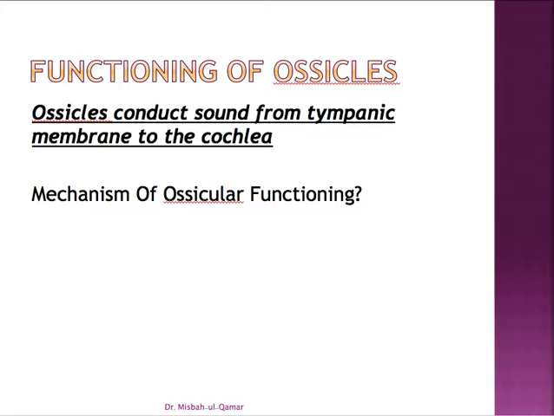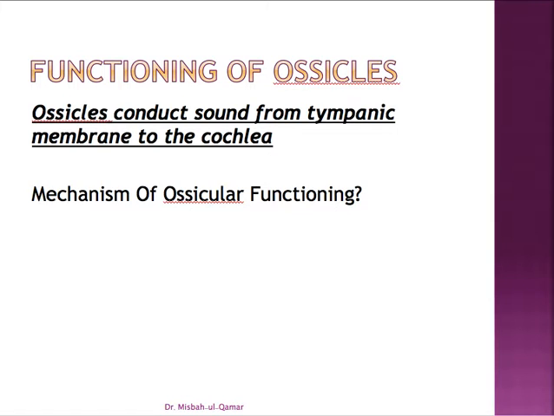to conduct the sound from the tympanic membrane to the cochlea, in such a way that the handle of the malleus is attached to the center of the tympanic membrane.